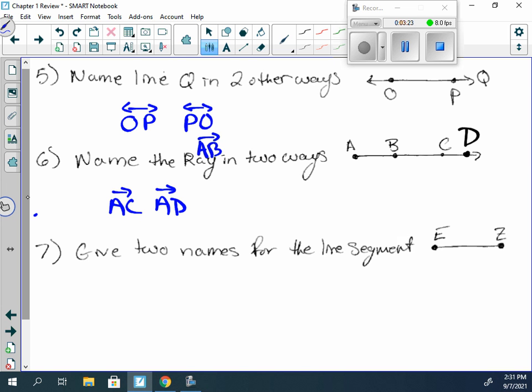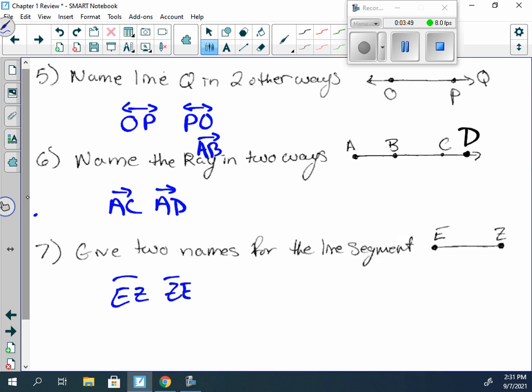Because it's asking for ray AB in 2 other ways, it has to start at point A. How would we do number 7? EZ or ZE, and we need the line segment symbol above it, and that is it.